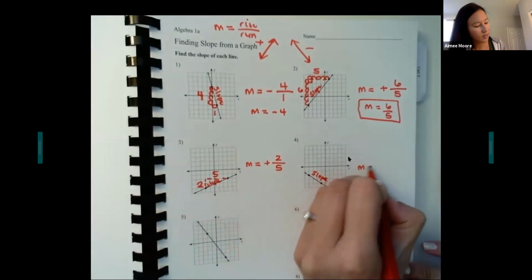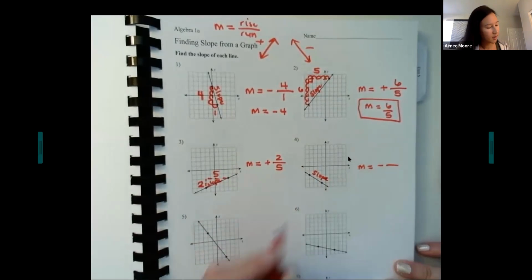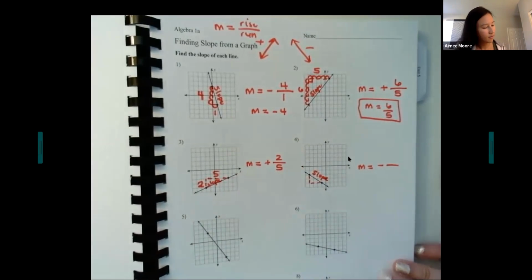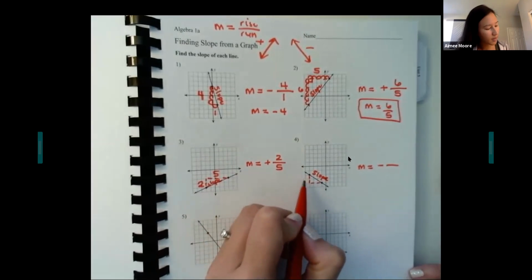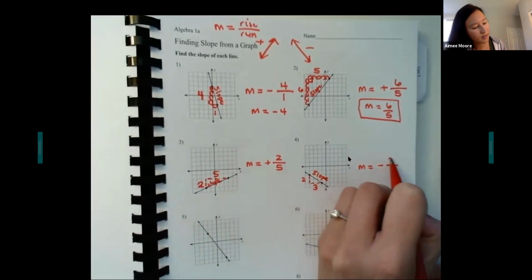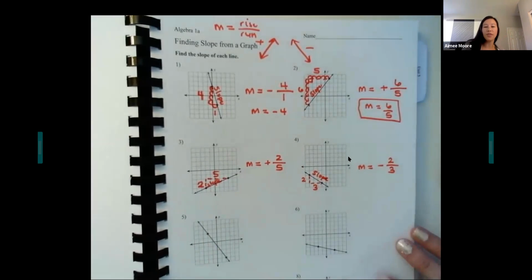So number 4, if we write slope, that tells us this one's a negative slope. And then we draw a right triangle. We're going down 1, 2, and we're going over 1, 2, 3. So it's negative 2/3. Questions on number 4?